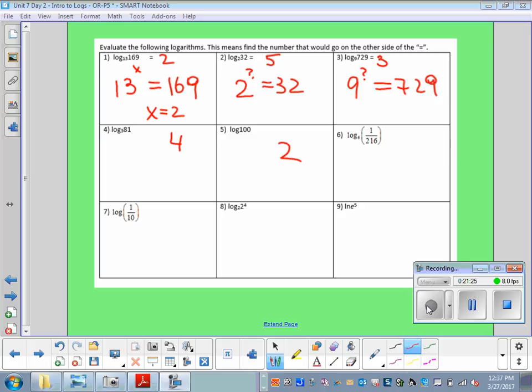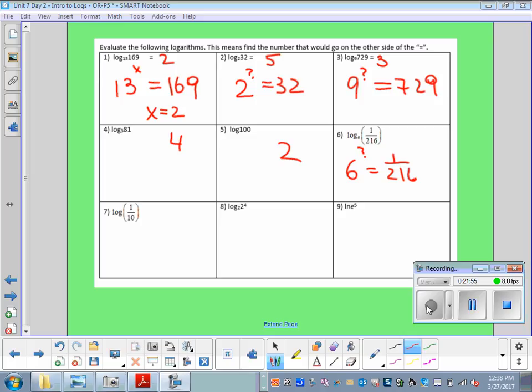So I will rewrite first in exponential form. The base is 6 to the power of something equals 1 over 216. Because I see that the answer is less than 1, that should tell me that the exponent is probably negative, right? Because if the exponent is positive, it cannot give an answer less than 1: 6, 36, 216, it's growing.